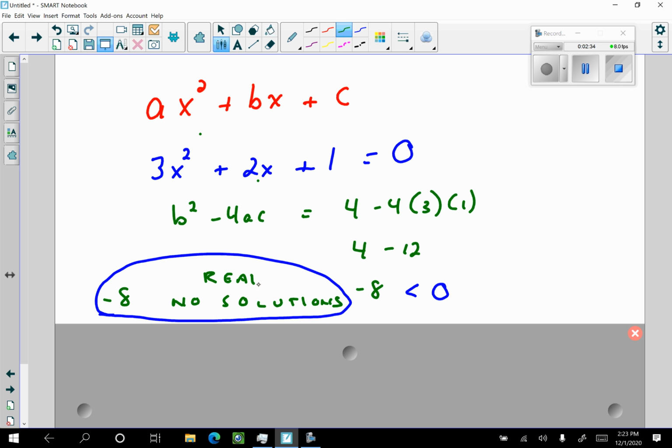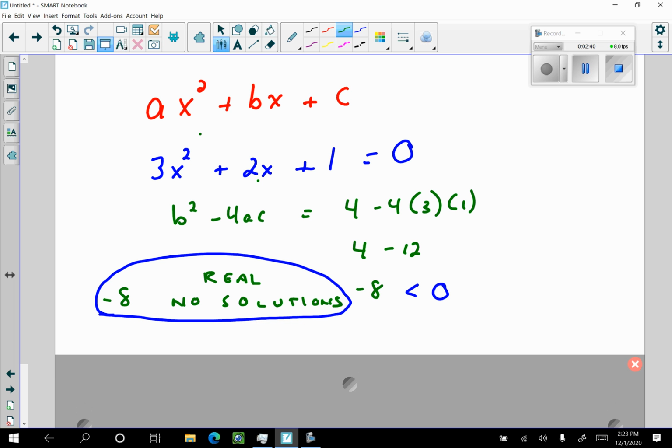And you may or may not have had an introduction to what we call non-real numbers. Non-real numbers are called imaginary numbers. These are the non-real numbers.